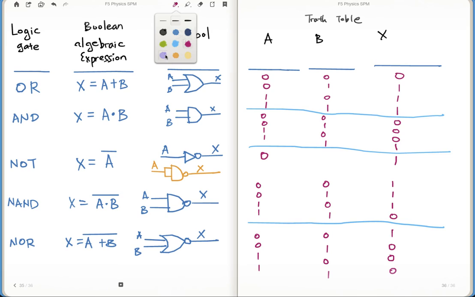Let's put in some signal into it. Say you have 0, 0, 1, 1 input. The output would be 0, 0, 0, you get 1. If you have 1 in here, 1 in here, 1 and 1 is supposed to be 1, it becomes 0.